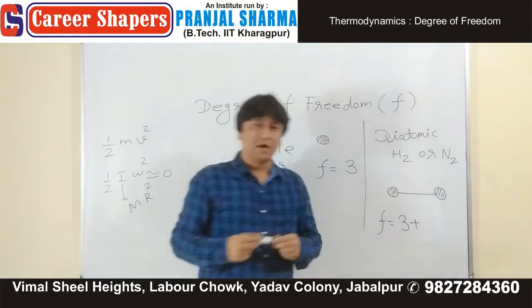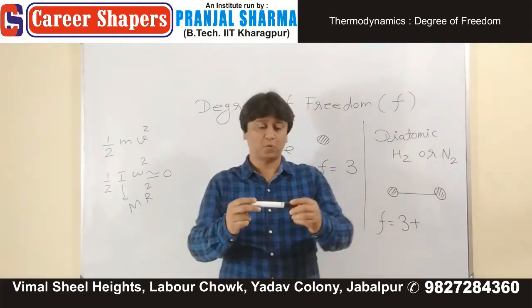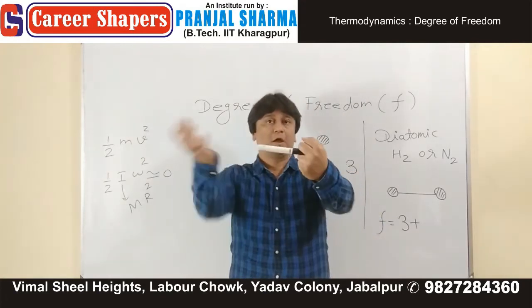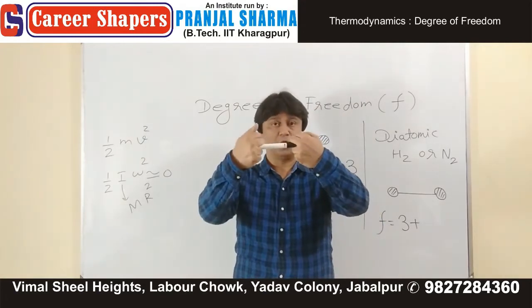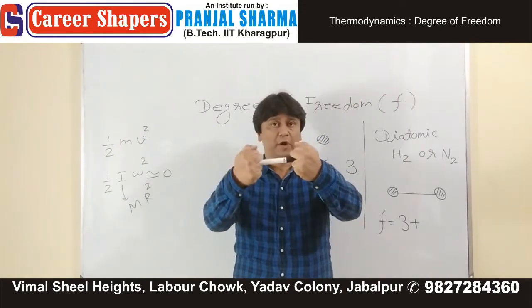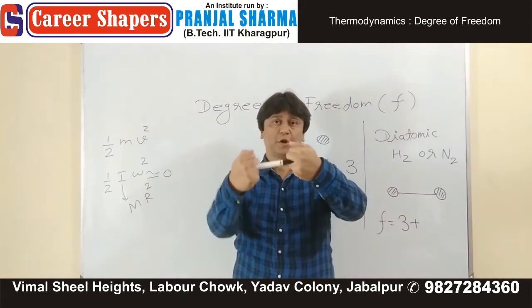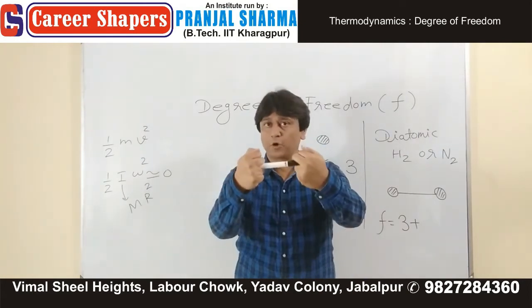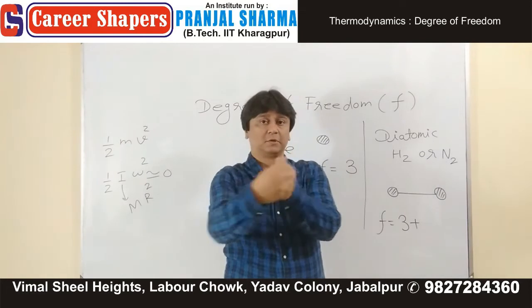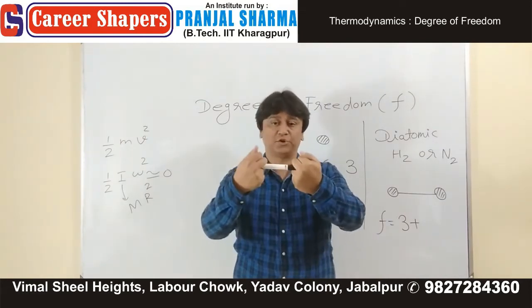But this time, let's talk about half I omega square. This dumbbell shaped molecule, now look carefully, it can rotate like this. It can also rotate like this. I hope you can see the change in axis of rotation.